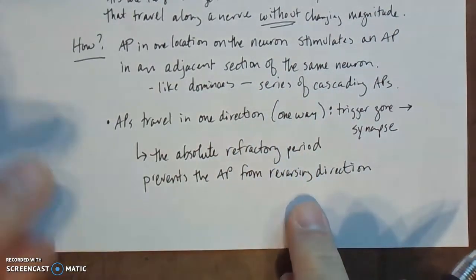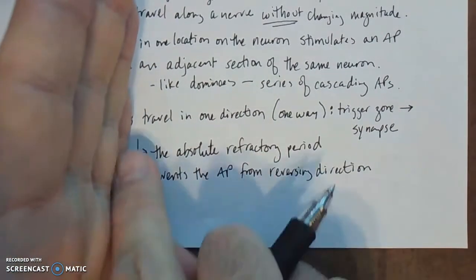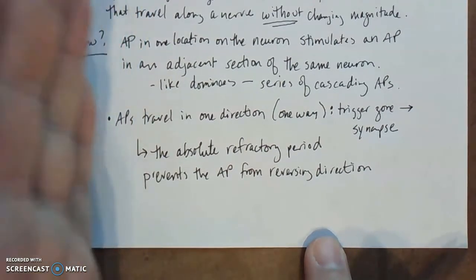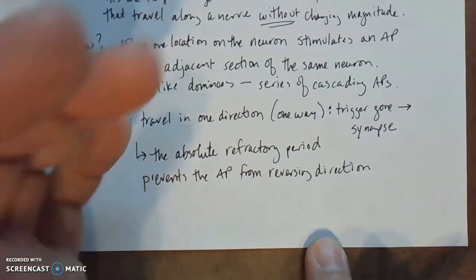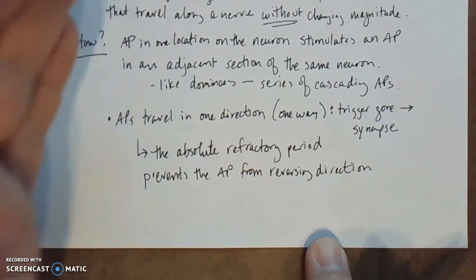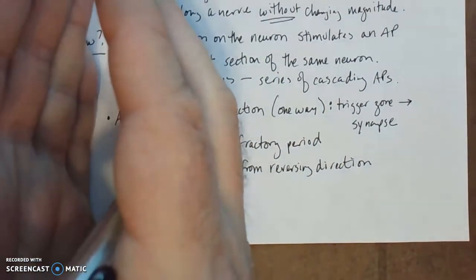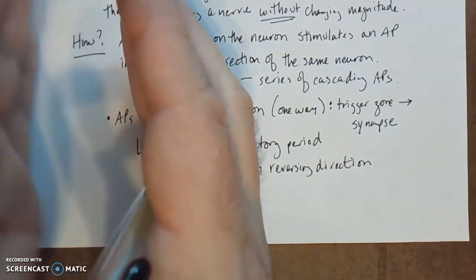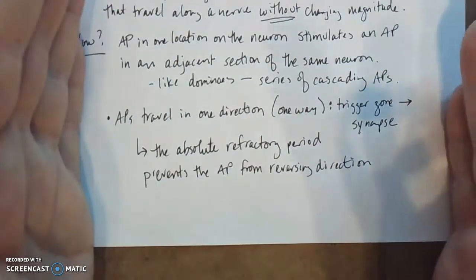So it can only go one way because there's that brief period where nothing can occur and it travels down that area. So if it originates in a trigger zone, that's the area that has all those channels. The cell body really doesn't, so then nothing goes backwards. So if this section's channels are open and there are no channels on this side, this is the only direction it can start, and it goes in that direction.